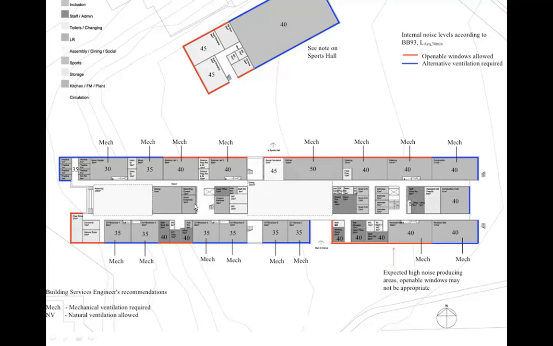And what we were left with is a scenario where most of the rooms within the building would need to be mechanically ventilated. Now, generally, in the UK, your first choice would be natural ventilation. If you can make it work, it's generally the most efficient, most low-carbon means of cooling and ventilating a building. But we were faced with a situation here where we could not make natural ventilation work.